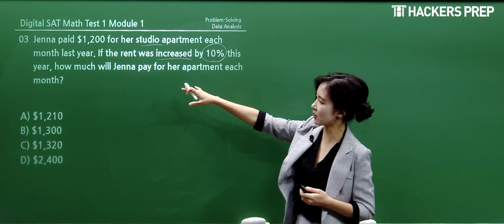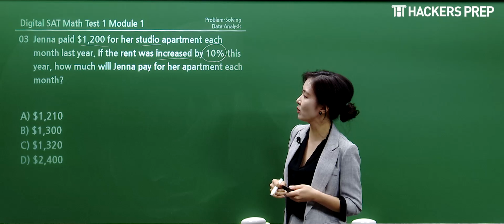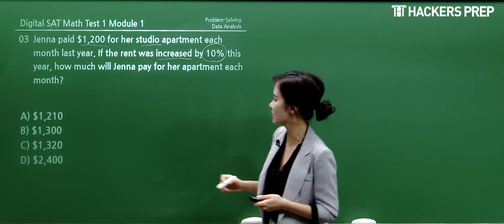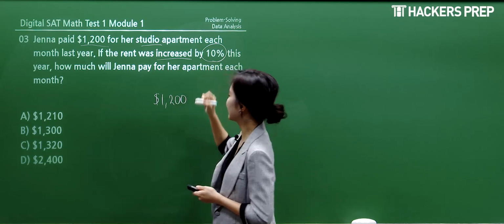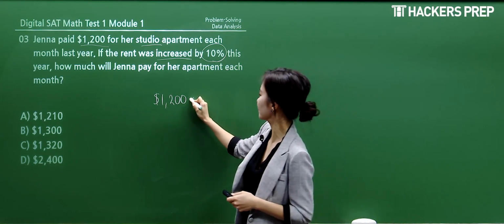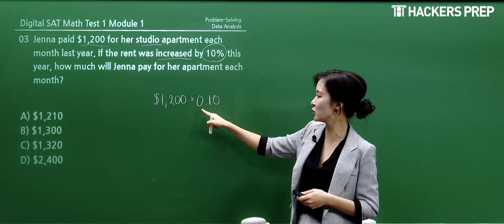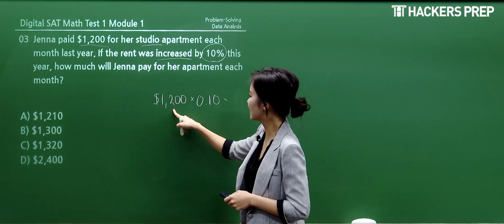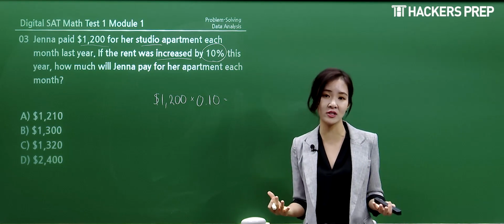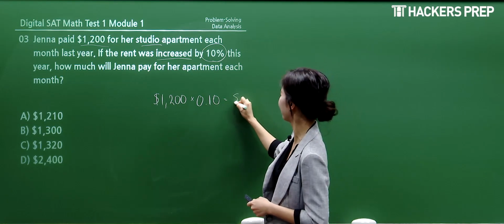So the basic rate of the apartment that we have to start with is the $1,200. First, let's take the 10% of that. And we can convert the 10% into the decimal 0.1 or 0.10. And then 10% of $1,200 is going to be $120.